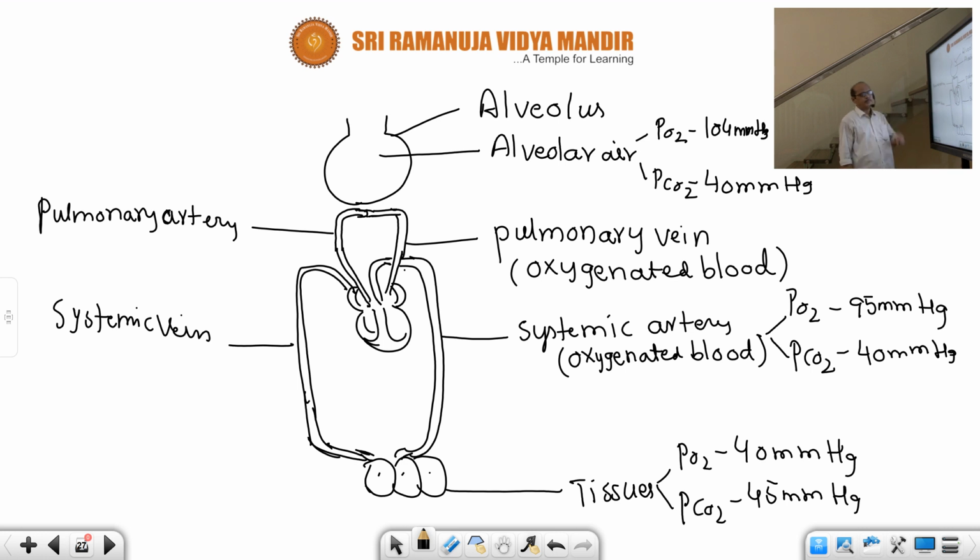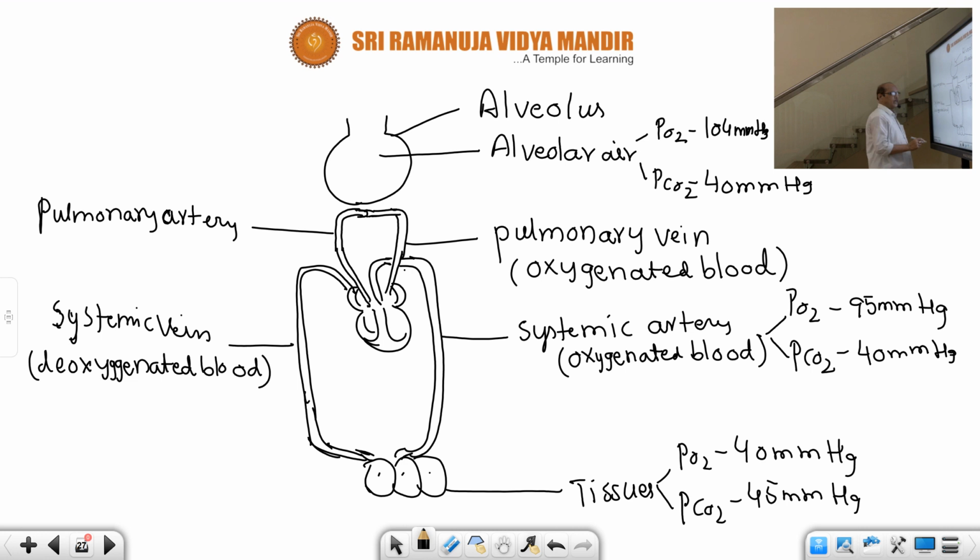This diagram is very important. So here it carries deoxygenated blood. Deoxygenated blood means impure blood.